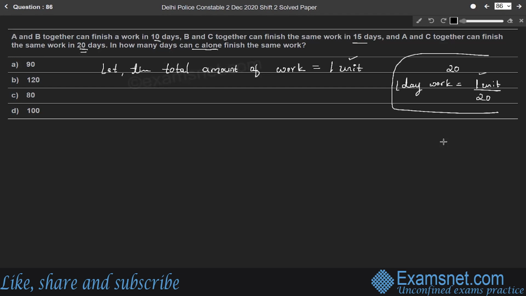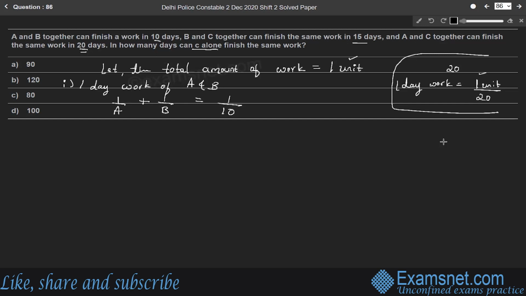Similarly, in the question, A and B together take 10 days to complete the work. So in the first case, 1 day work of A plus 1 day work of B is equal to 1 by 10.